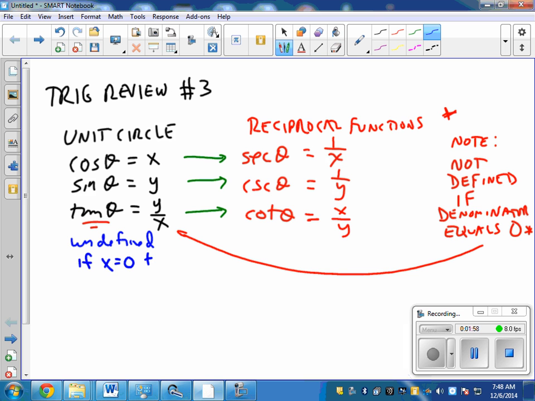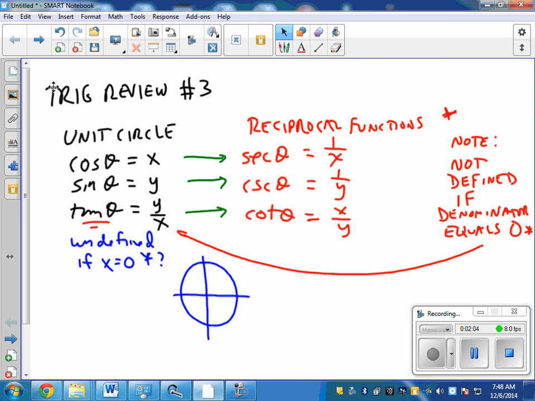And, you know, where would that occur? If you think about a circle, x is equal to 0 at the top of the circle here and here, ordered pairs being 0, -1 at the bottom and 0, 1 at the top.